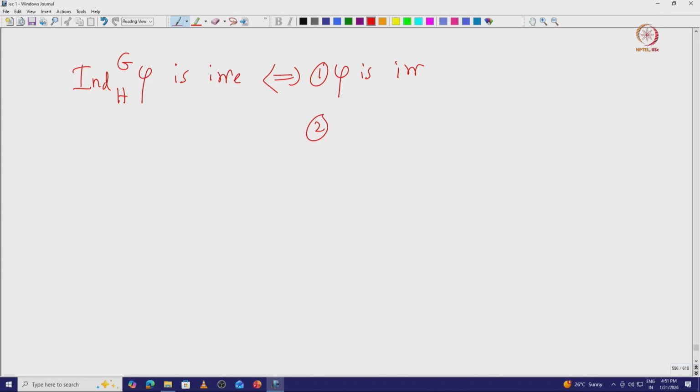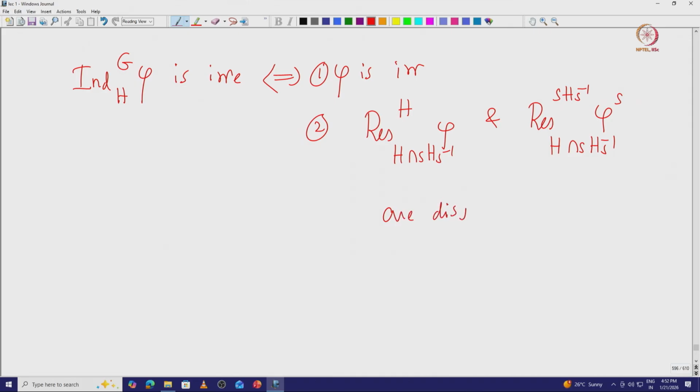The second thing is, look at these representations: the restriction of phi from H to H intersection SHS inverse, and the restriction of phi S, which is the representation obtained by twisting the action of phi via the conjugation by S, from SHS inverse to H intersection SHS inverse, and we demand that they are disjoint.